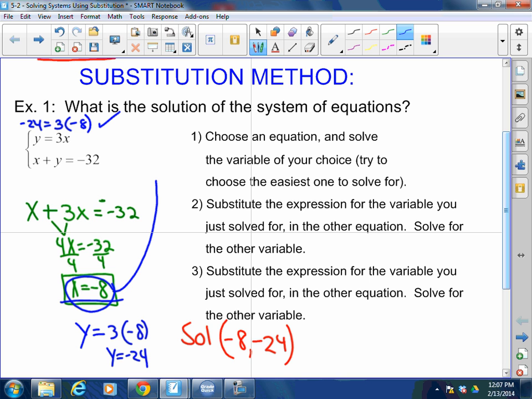I plugged it in. 3 times negative 8 does equal negative 24. Does negative 8 minus 24 equal negative 32? Yes, it does. So this is a solution. Does that make sense? The good news, that's it. That's the lesson. Now we're just going to practice and apply it to some word problems, and we'll go from there.